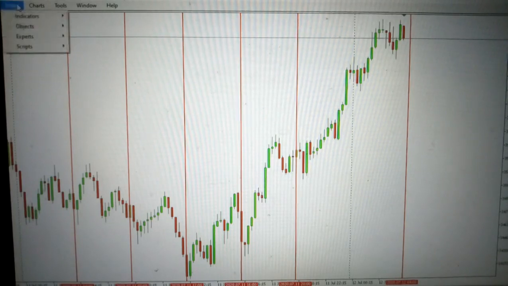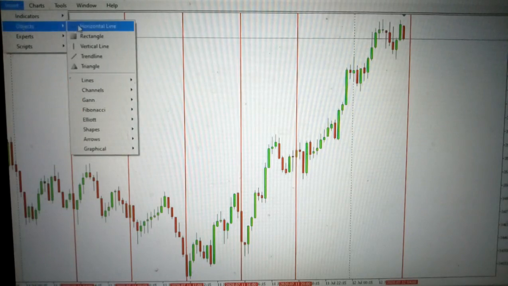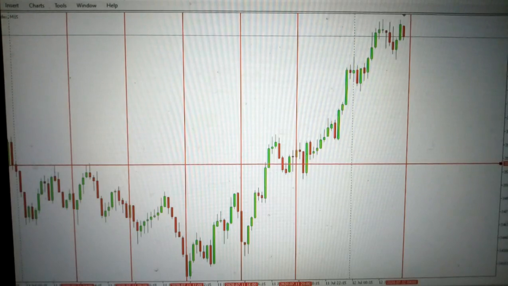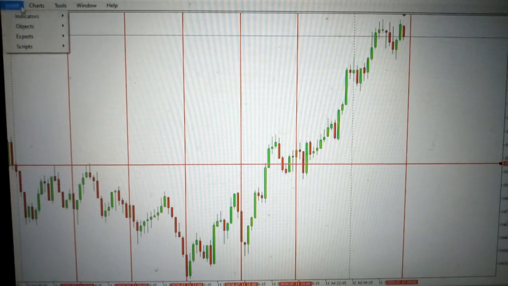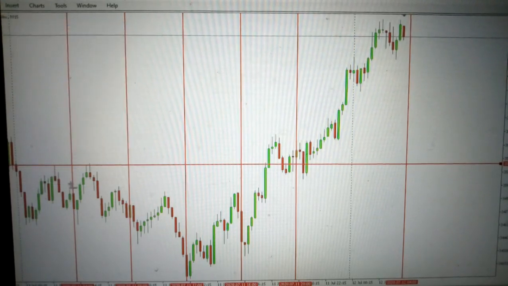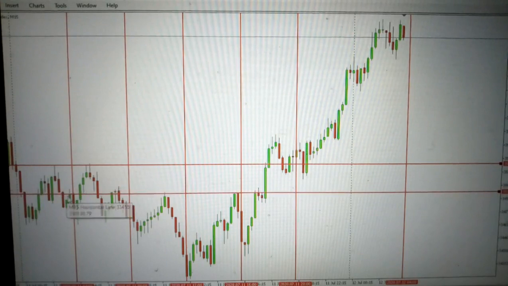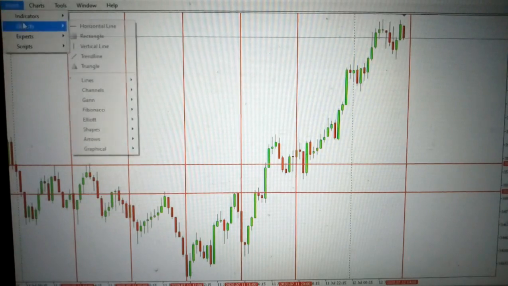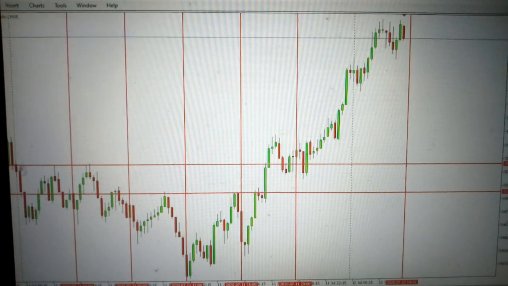That's what I want to achieve. So this is the closing price of the first 4-hour. Then I'm also going to place a horizontal line on the closing price of the next 4-hour. So I have like a rectangular shape of how price moved.